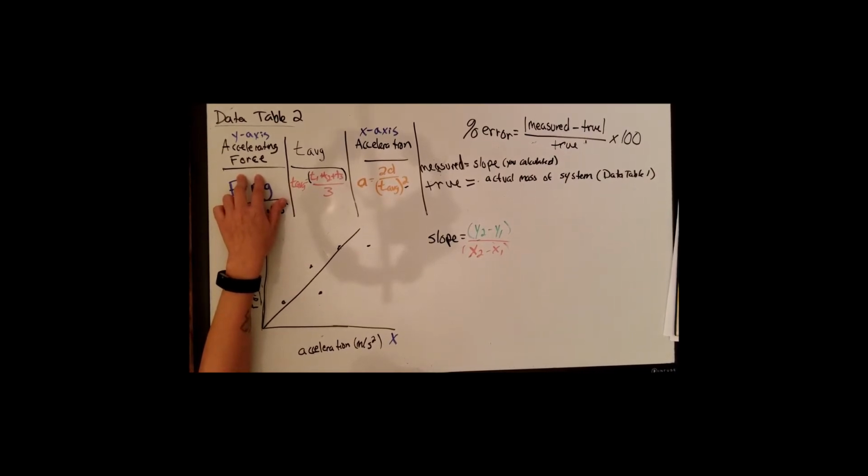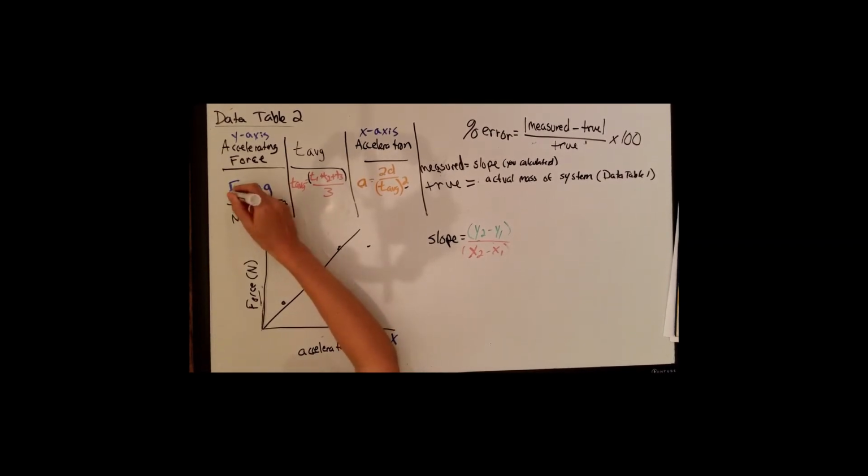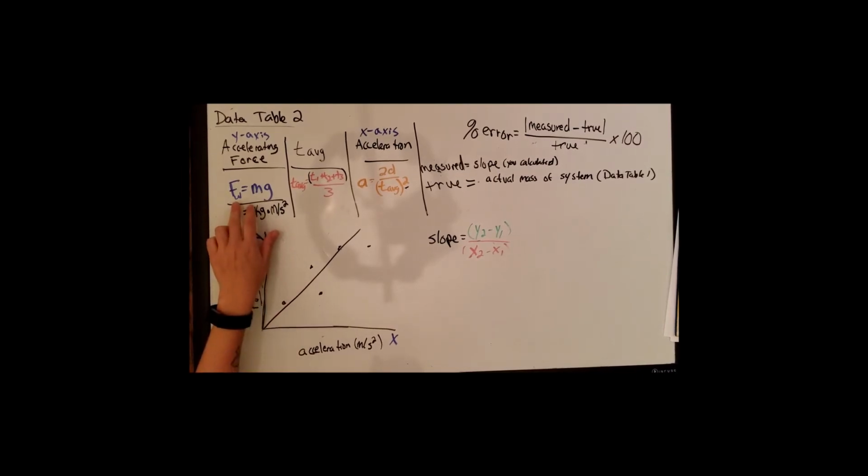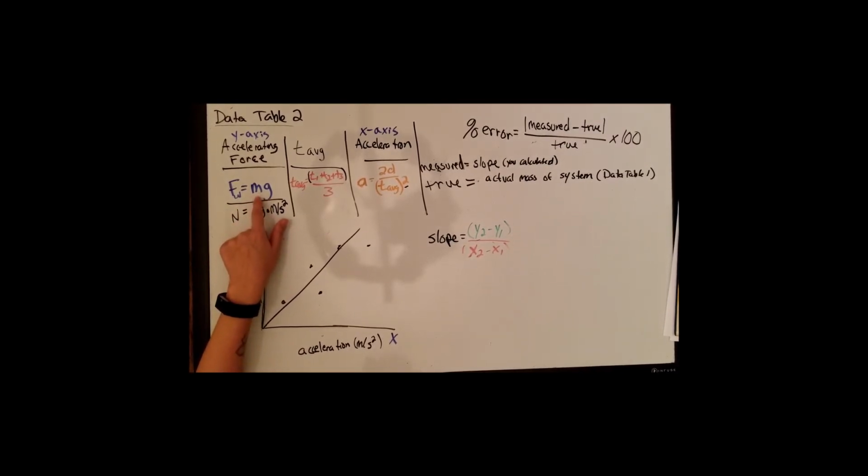To calculate the accelerating force, you're going to be using the gravitational force equation. So this is essentially F of W, the weight force. To calculate the weight force, you're going to take the mass times gravity. In the data collection video, you'll notice there was a hanging mass hanging over the side of the air track, and what was affecting that mass was gravity.